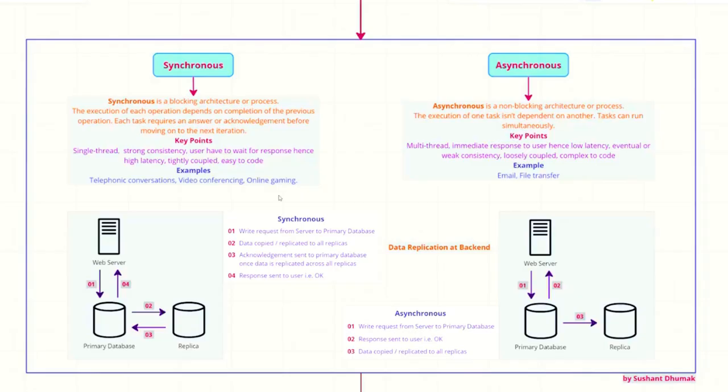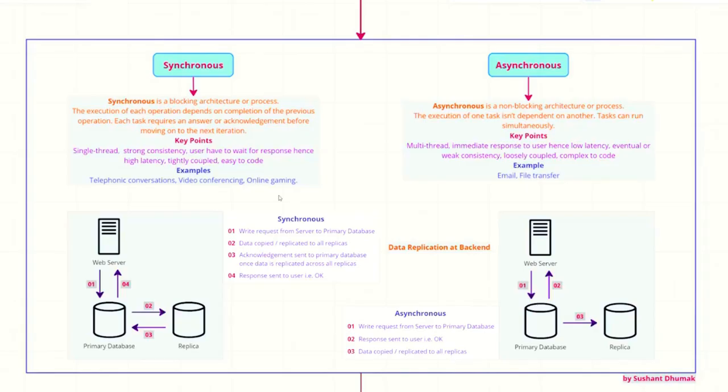So this is called a synchronous process, as the definition says. When you do one thing, you expect some output, but until and unless you get that output or response, you will not be able to move ahead. And that is called synchronous. The dictionary definition of synchronous is something happening at the same time, or at the same speed.